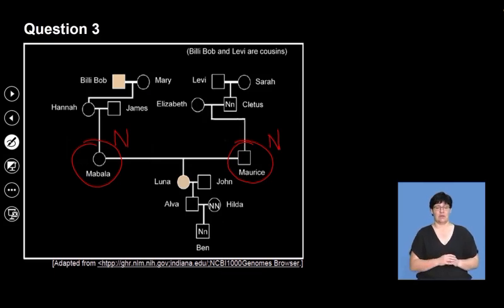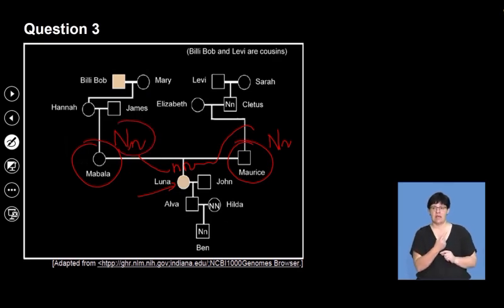But knowing that Luna is affected, she has to have two recessive alleles. This means that Luna inherited a recessive allele from both of the parents. So both the parents, Maurice and Mabala, are heterozygous for this condition.